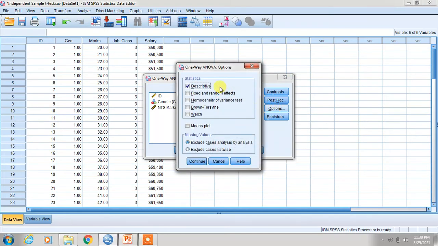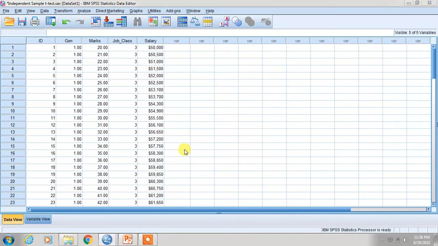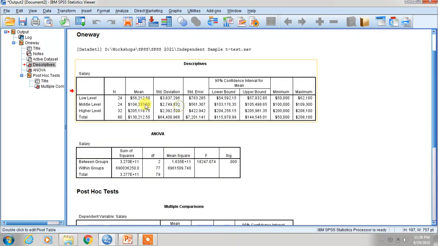Let me make it a bit easy for ourselves. I will find out the descriptive statistics also. It will help us see the average salary of each group. So we can see that the people on the low level, there were 24 employees, their average salary is 56,000, while the middle level people, their salary is 1,04,337, and at the higher level the salary of the employees is 2,05,118.